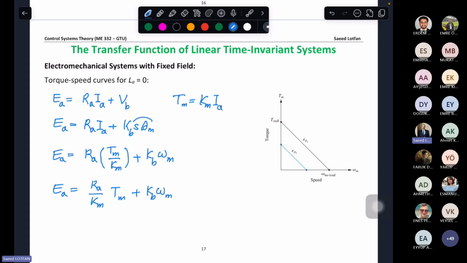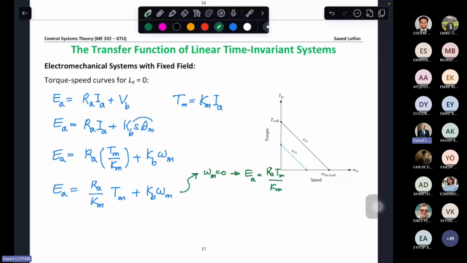Now, if you look at this equation, if omega is 0, EA is equal to RA TM over Km, which is the stall condition.